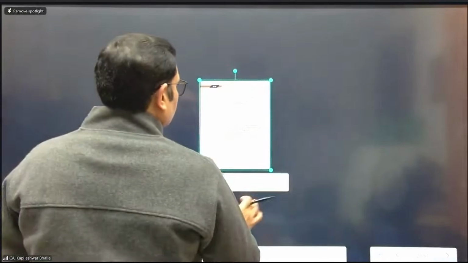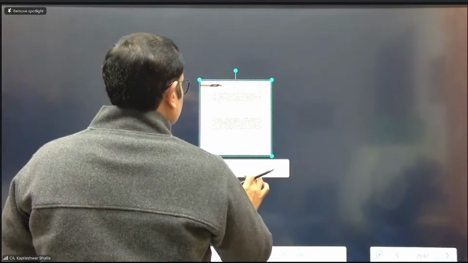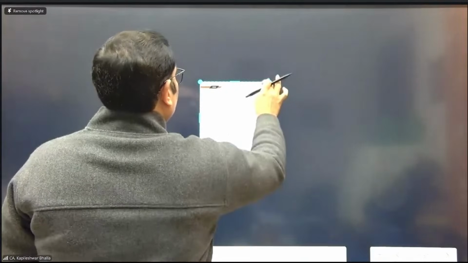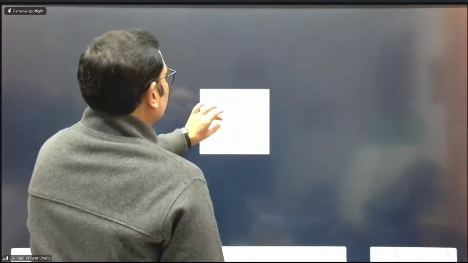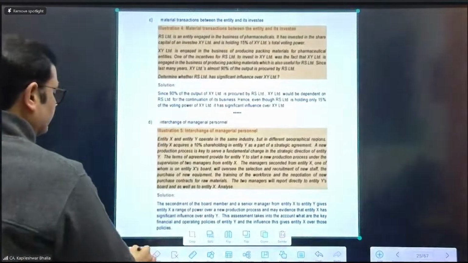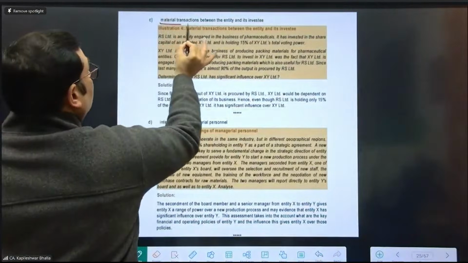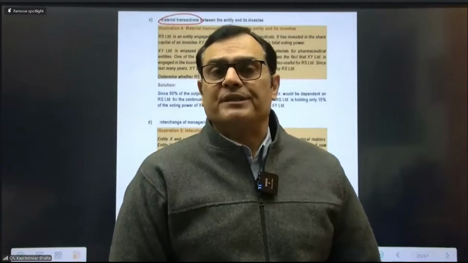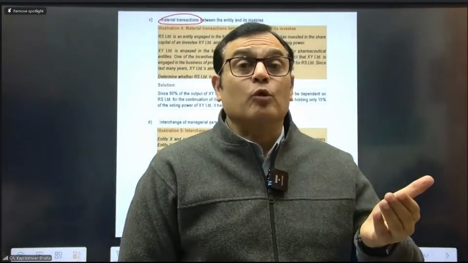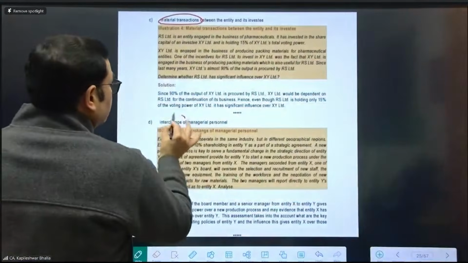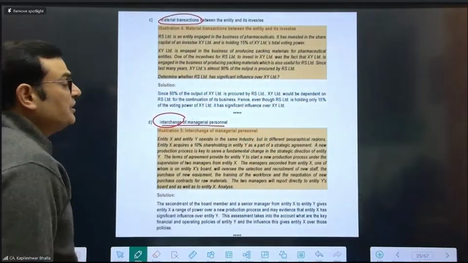Next. The next input which is given in the standard is number 3, material transactions. It says that there are material transactions between the entity, that is the investor, and the investee. So if they've entered into transactions which are material in nature, that could also indicate the possibility of a significant influence. Next, it says interchange of managerial personnel.